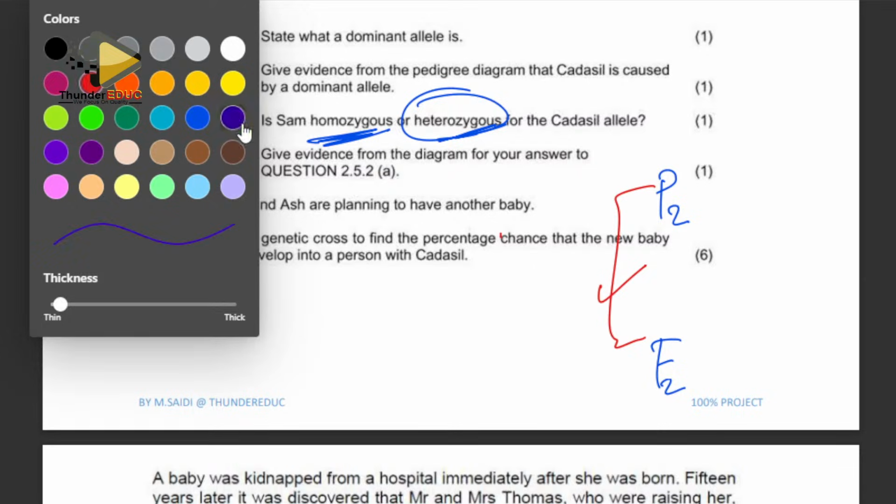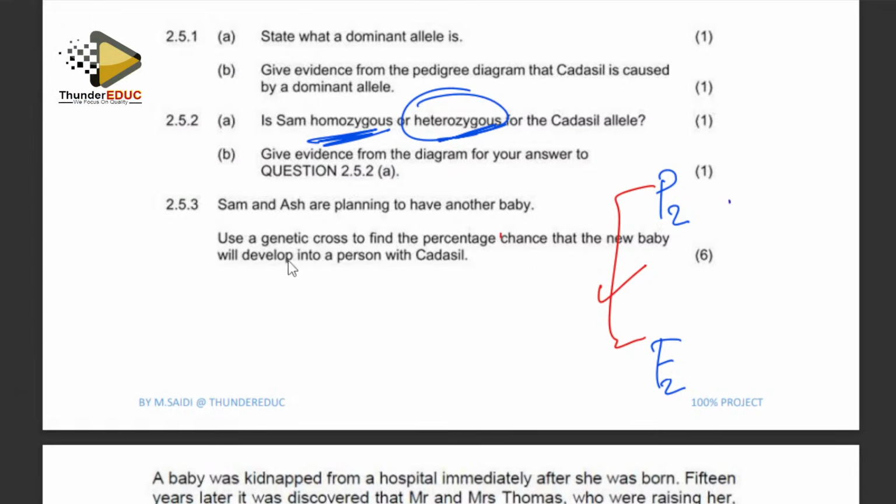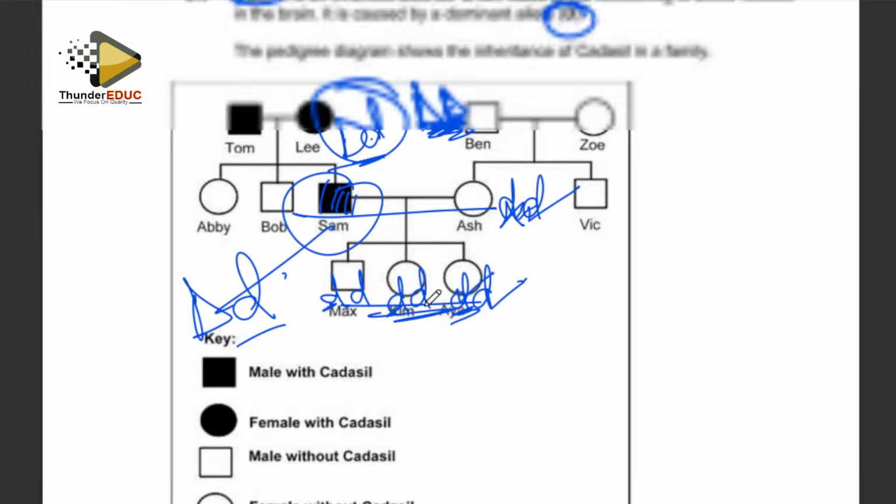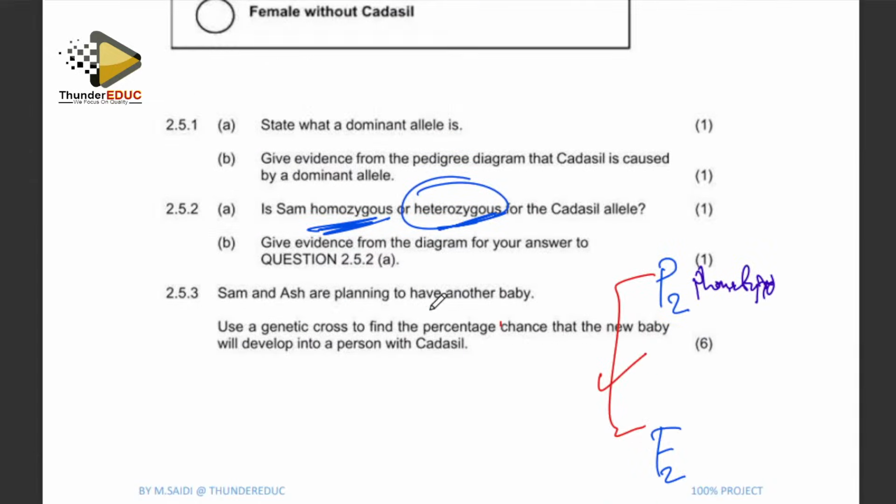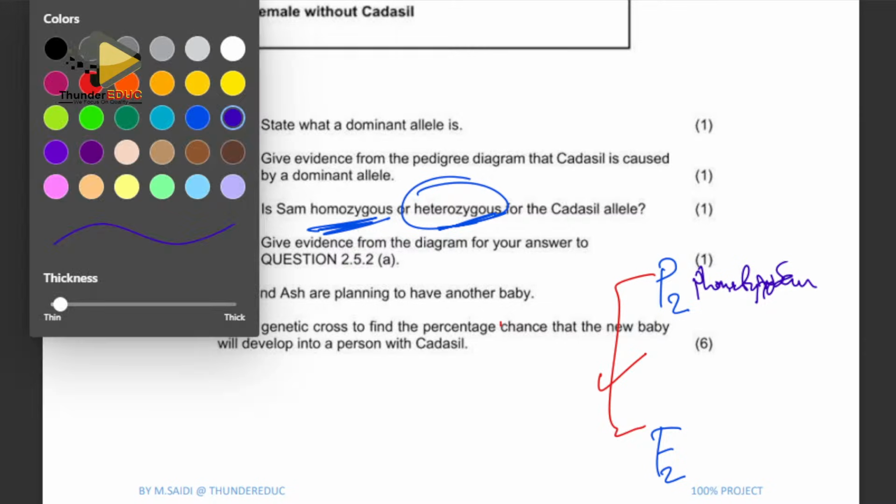All right, we continue with Sam. They're asking about the phenotype, so we write phenotype here. What is the phenotype of Sam? They say Sam has another baby. Let me use the whiteboard. So I'm going to write P2, F2.